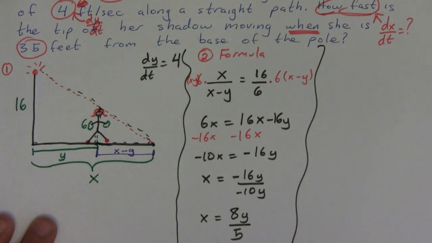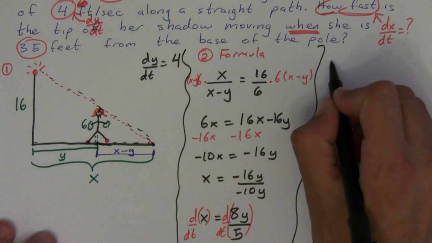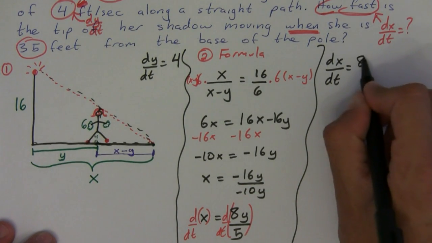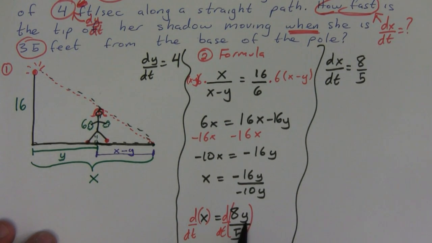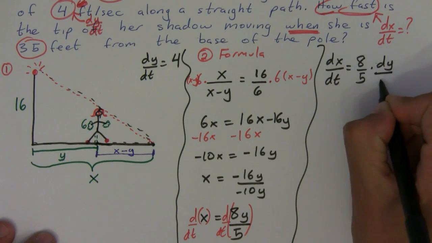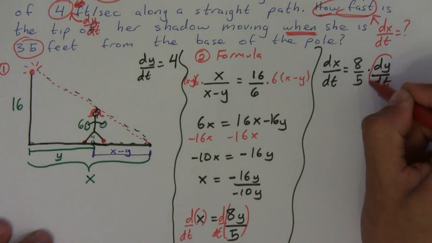Okay. Well, if I know that x is 8y over 5, that means when I take the derivative of both sides with respect to time, on the left I'm going to have dx over dt, and on the right I'm going to have 8 over 5 as a constant, so I can leave it out, and the derivative of y with respect to time. But notice that I know what this is.